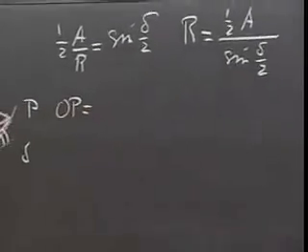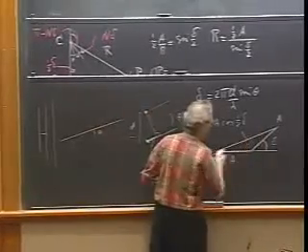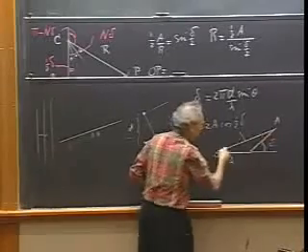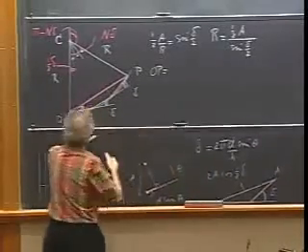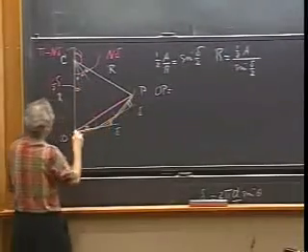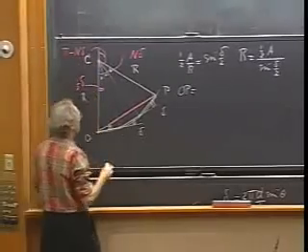And now I'm going to use this knowledge. I have a triangle. I know two sides, and I know this angle. Then I can calculate this one. I know two sides. This is r, and this is r. I want to know the third side, and I know this angle, which is pi minus n delta.